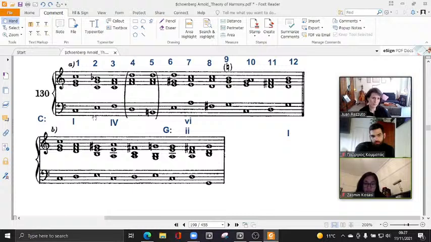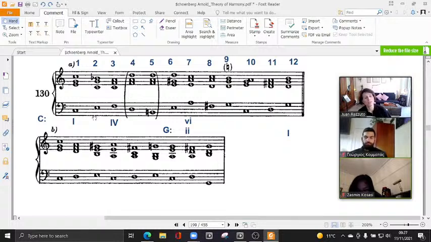So we use it to give a little less weight to that chord, and more melodic. That's why a composer would use a chord in first inversion.